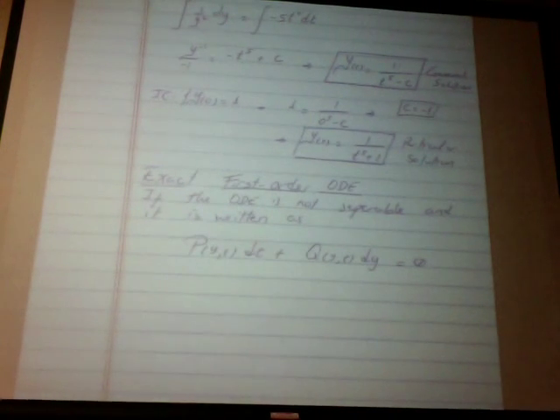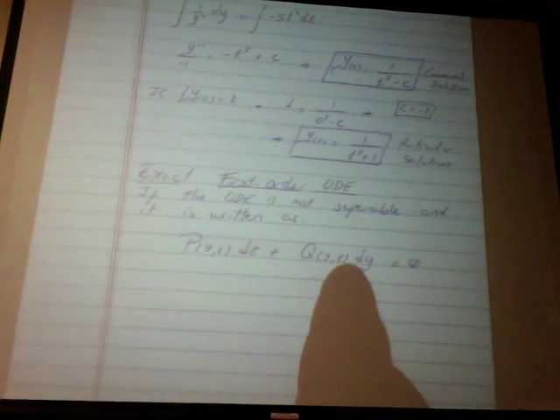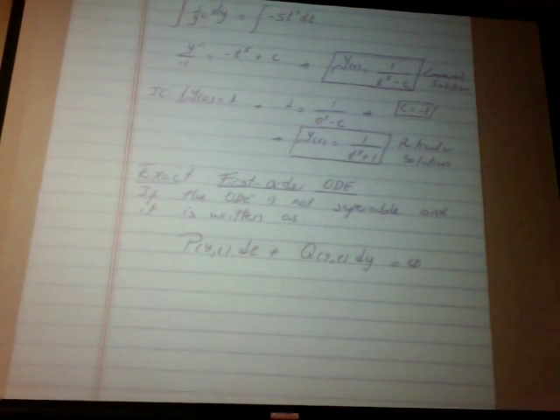Notice that those p's and q's are both functions of y and t. We were not able to pull all the t's to one side and all the y's to the other side. So we ended up with a form like this.